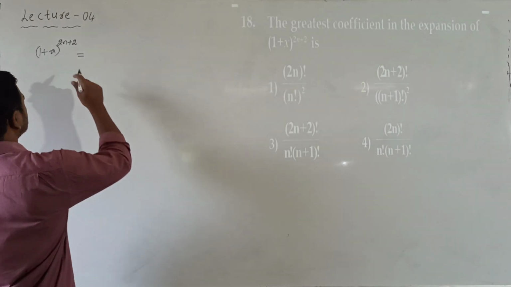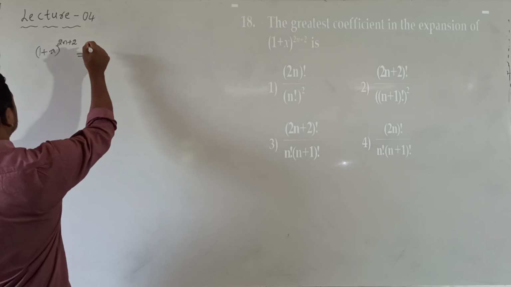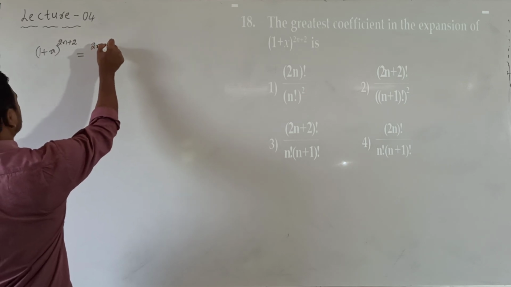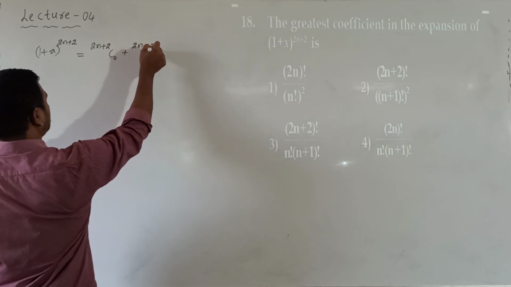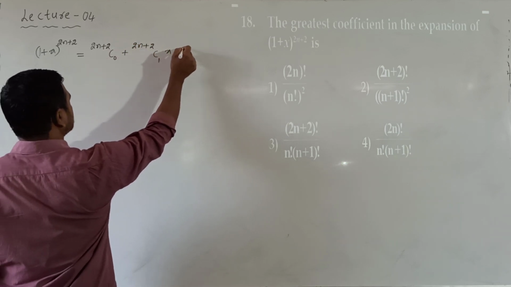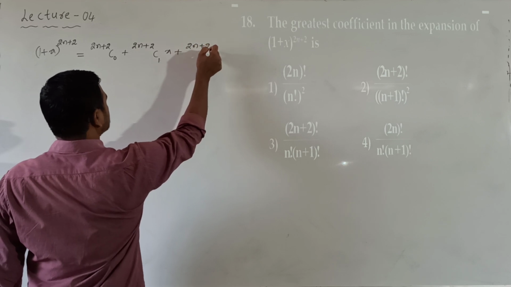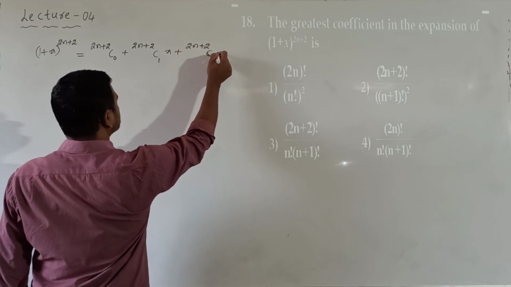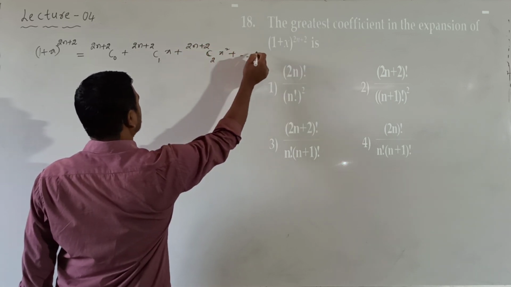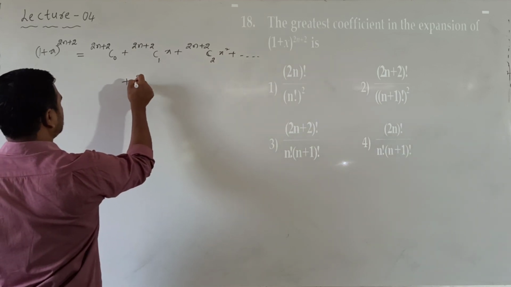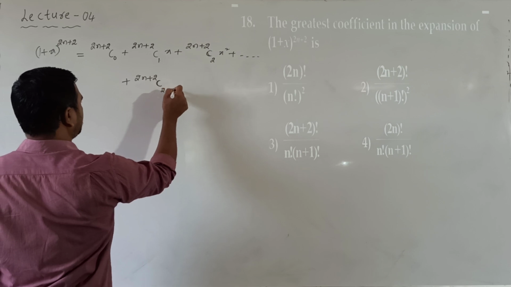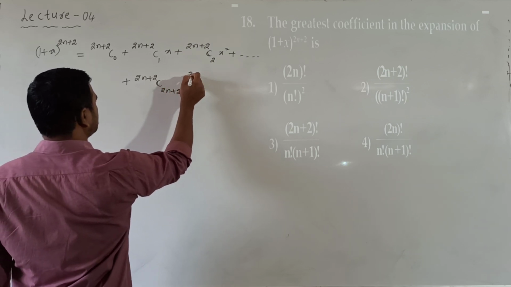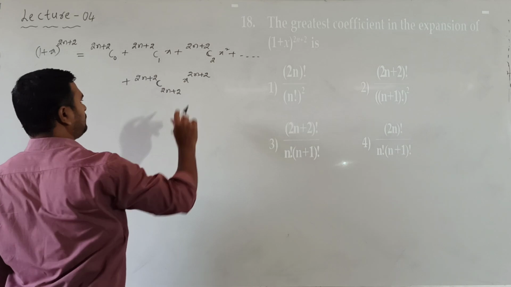Okay. If you observe, the expansion for (1 + x) whole power 2n + 2 is 2n+2 C0, 2n+2 C1 into x, 2n+2 C2 into x square, and so on up to 2n+2 C(2n+2) into x to the power of 2n+2.